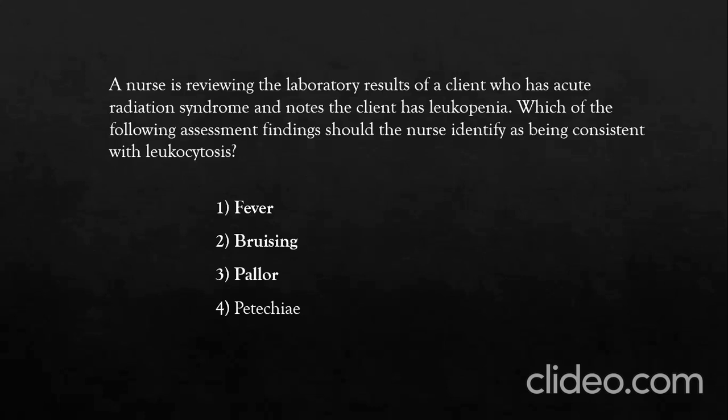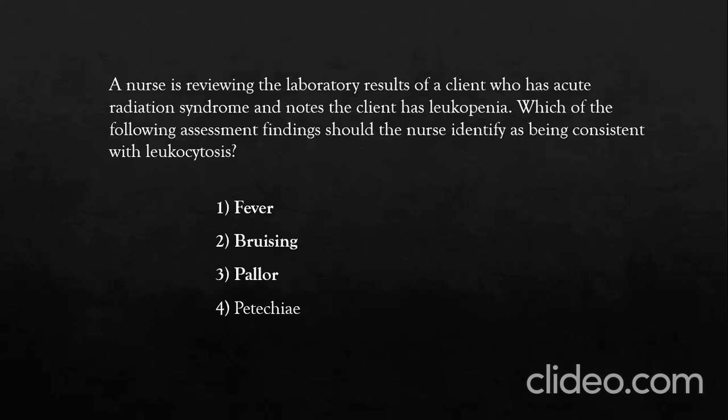Bruising is consistent with what? Bruising and petechiae actually are consistent with bleeding, right? You'll be worried, is this person's blood too thin? Are they bleeding? So bruising and petechiae, we'll talk about petechiae in another week or whatever, but I just want you to know all the answers.